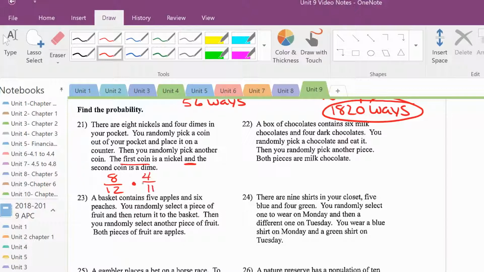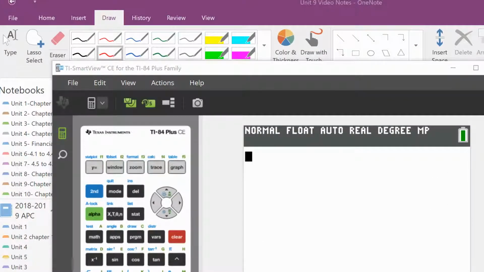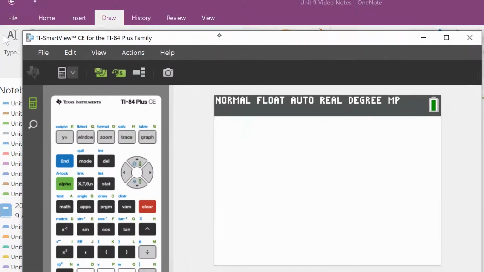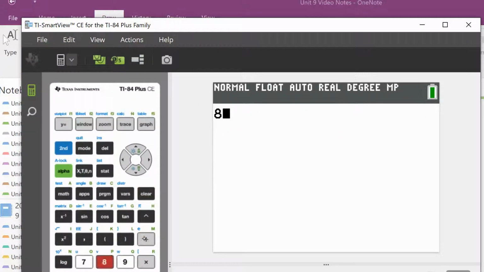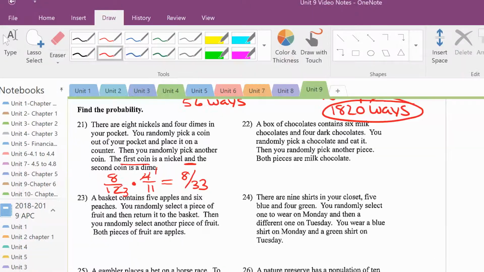So 8/12 times 4/11 will give you 8 out of 33, which, if you want to make it a percent, you can go 8 divided by 33, and you get 24% approximately.